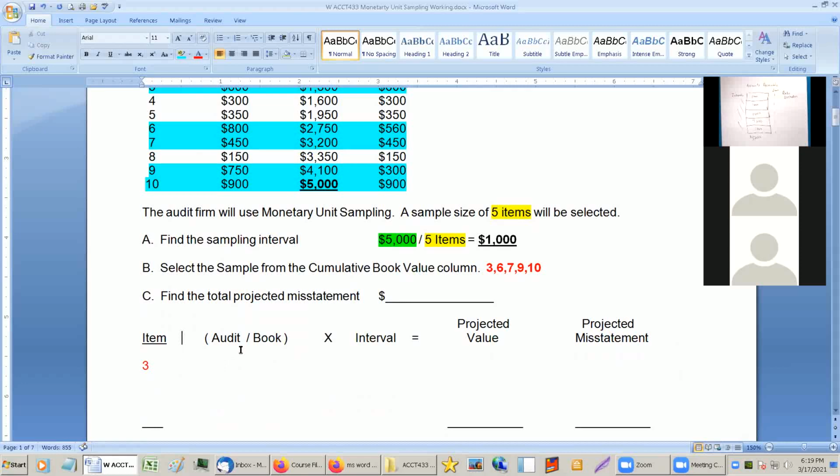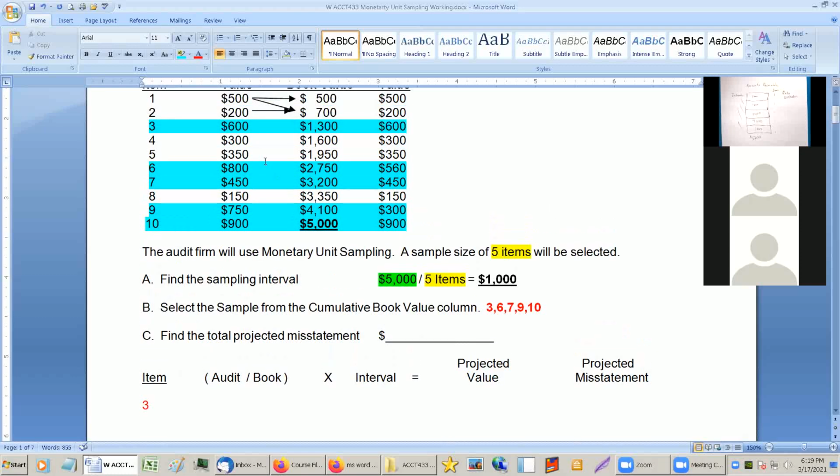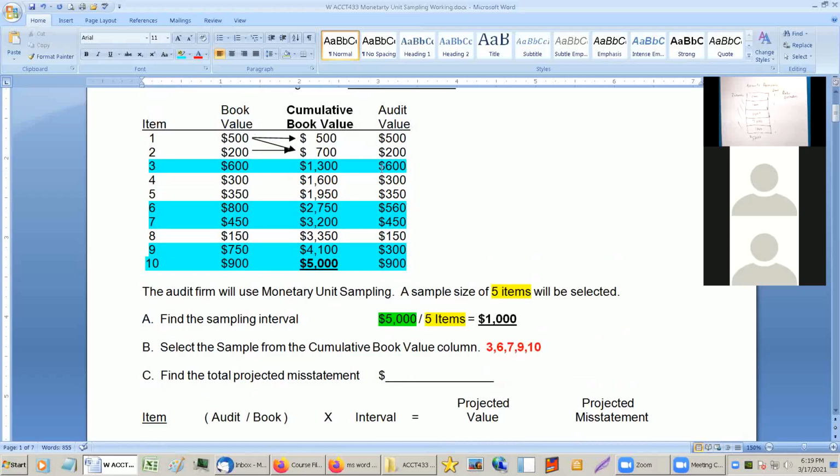So here is the audit amount, and here is the book amount.